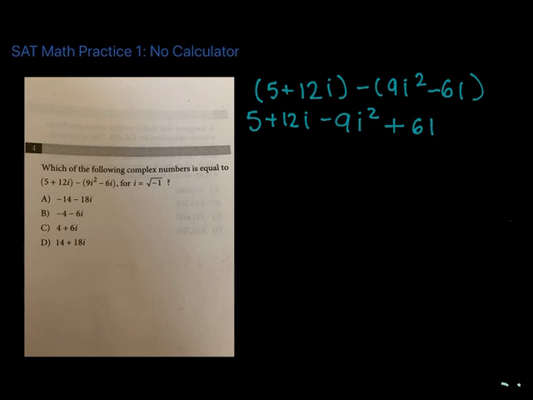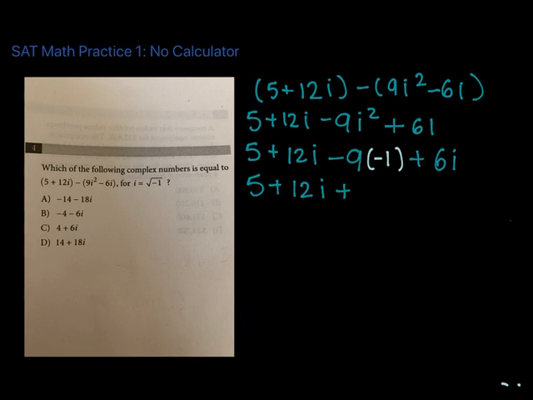So let's rewrite the whole problem: 5 plus 12i minus 9 times -1 plus 6i, and now we can write this more simplified. 5 plus 12i, and -9 times -1 is +9, so plus 9 plus 6i.